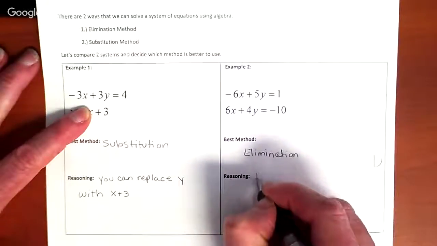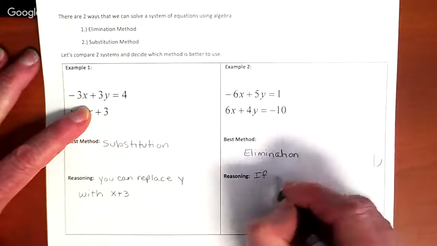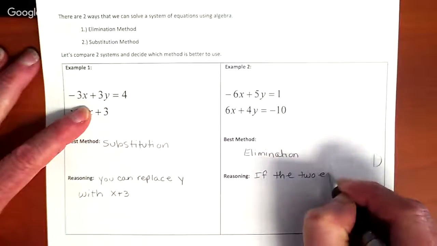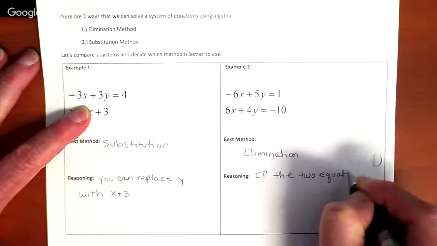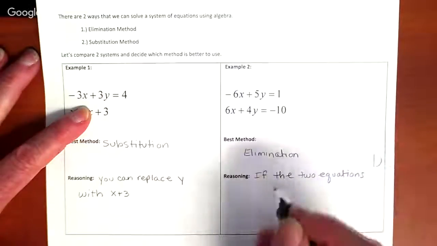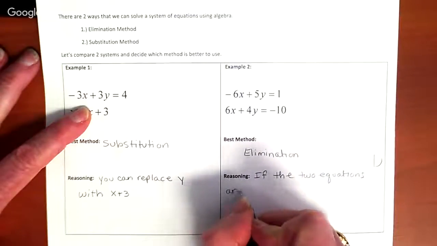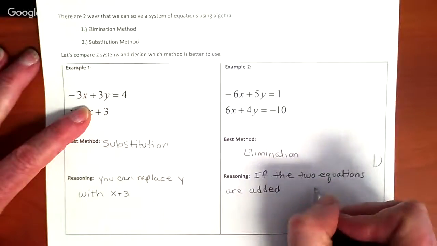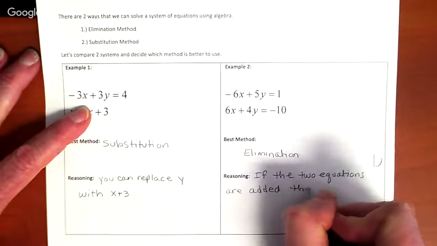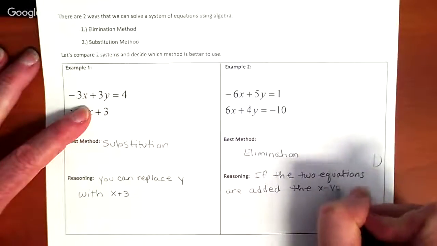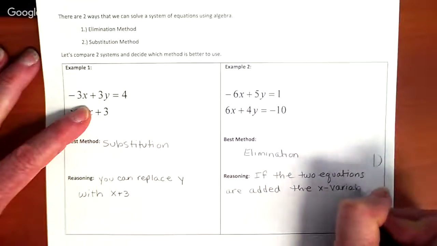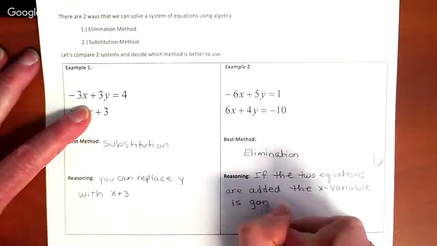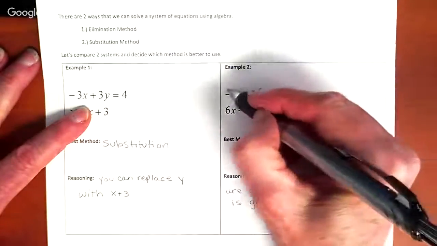And the reasoning: if the two equations are added, the x variable is gone right here.